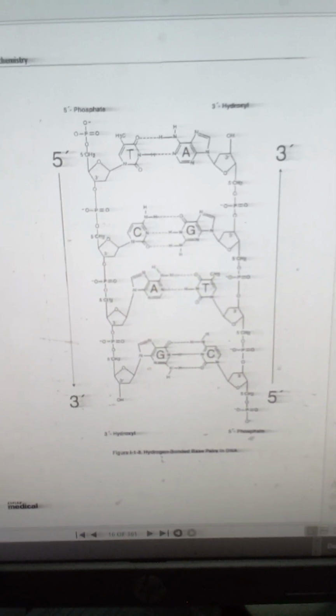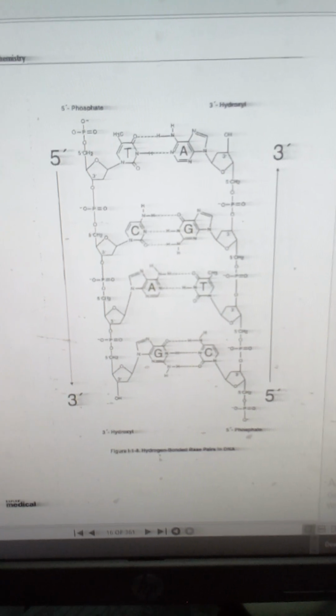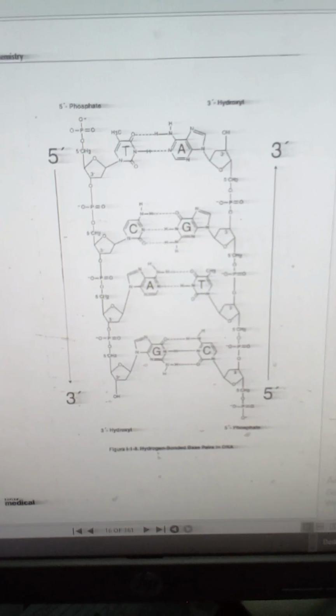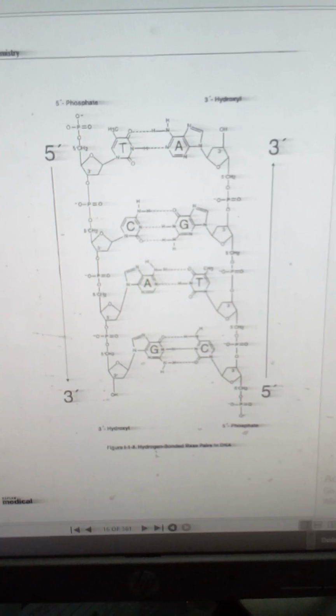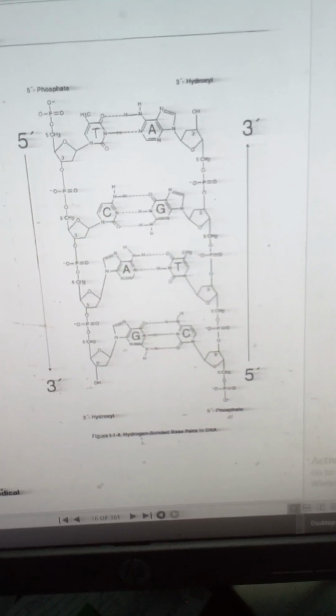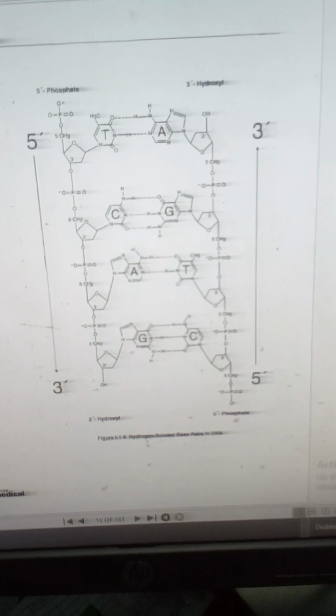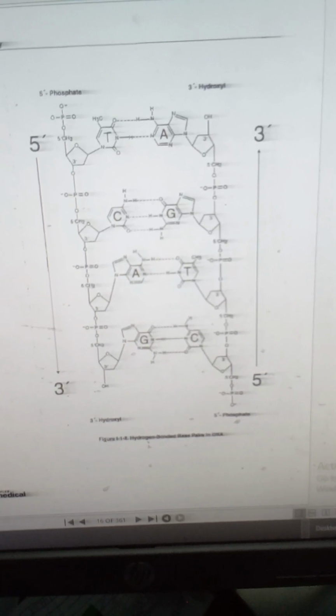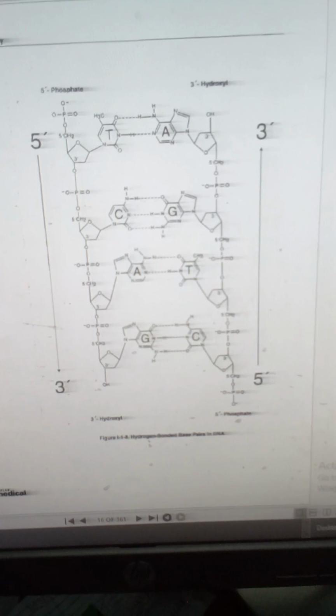To use another word, they are anti-parallel. The two strands don't meet or mix, but they run opposite to each other.